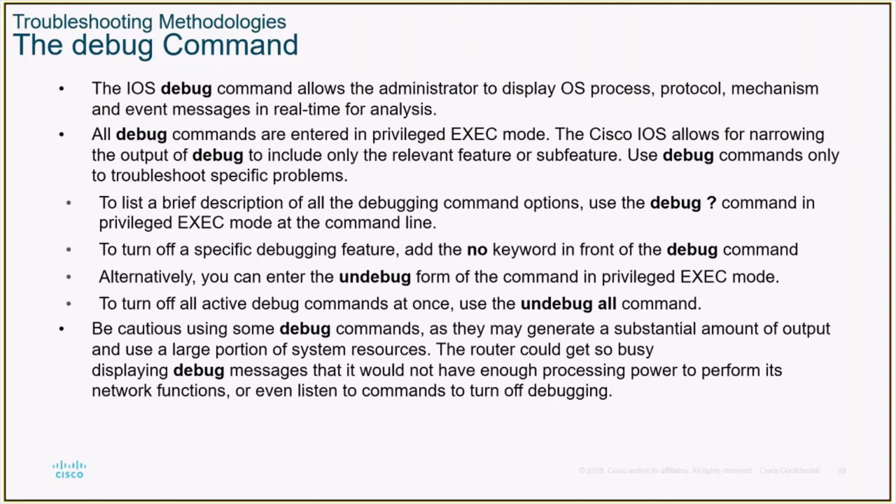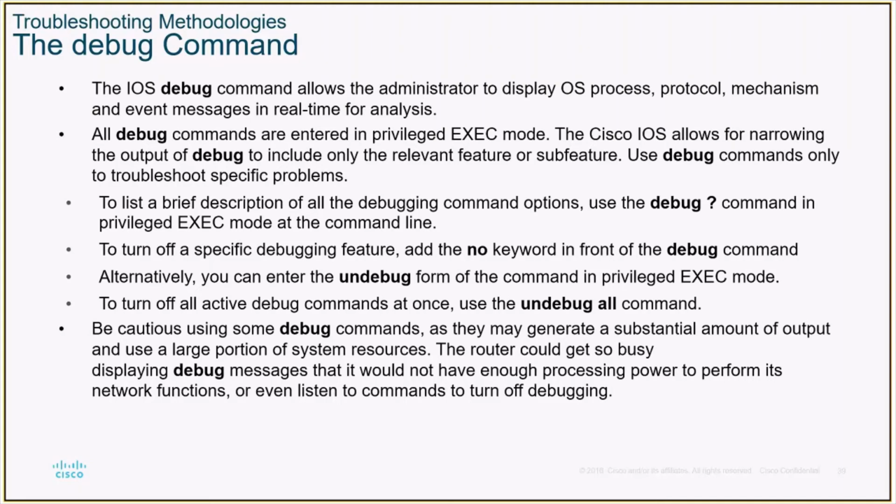And so the command allows the administrator to display OS process, protocol, and mechanism and event messages in real time for analysis. So as something happens, if you've got that feature debugging, it will send a message to the console as it happens. All debug commands are entered in privileged exec mode.